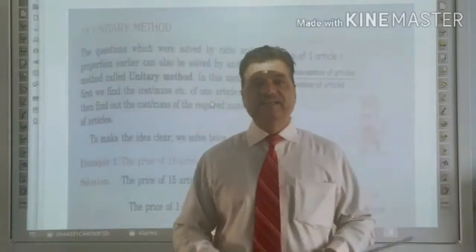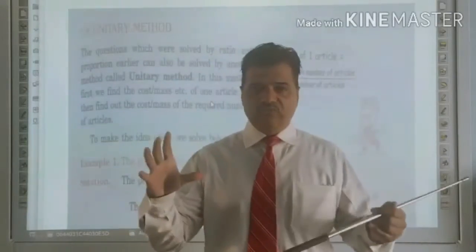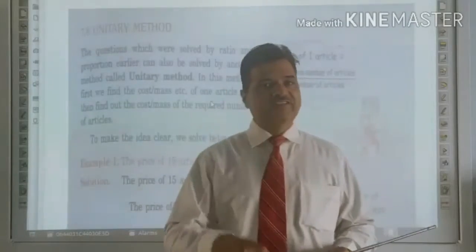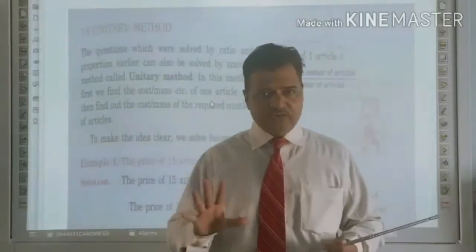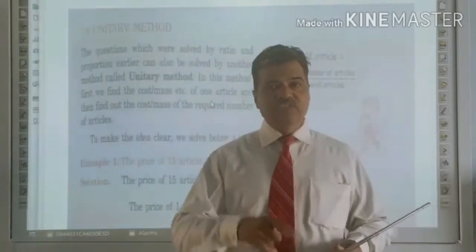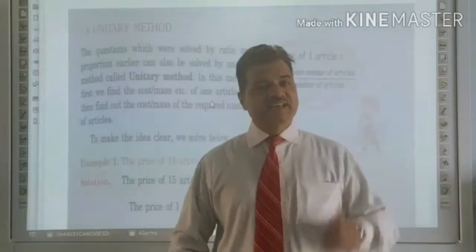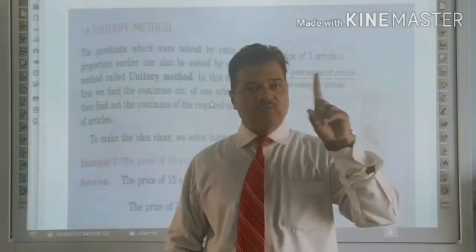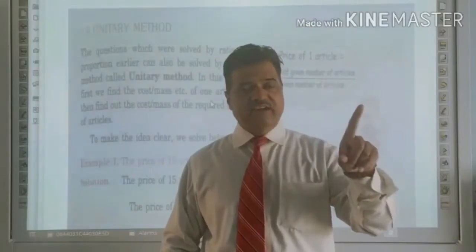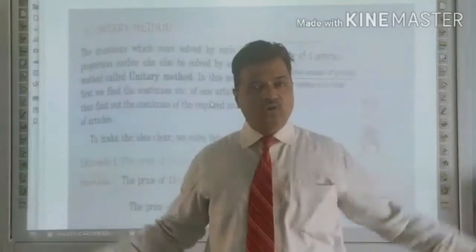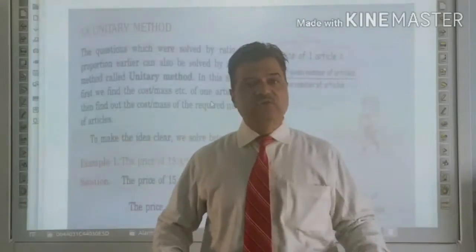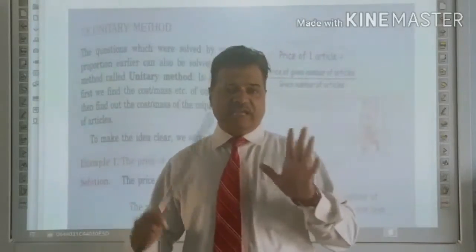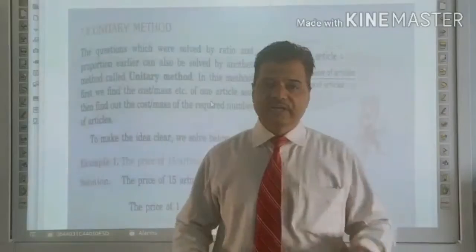And the opposite of it, if the value of one quantity is given and we want the value of a lot of quantities, then we will multiply. It is called the unitary rule.